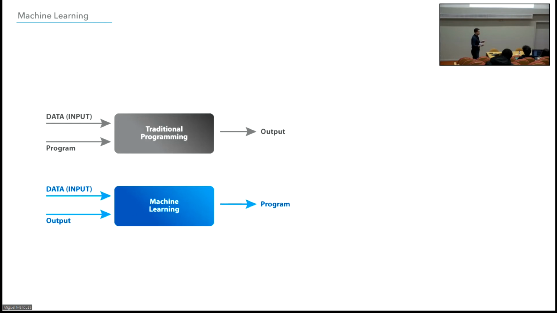Of course, this program is not written in any computer programming language. This is a mathematical model, but this program is what is going to be used so that whenever you give it a new set of inputs, it will output, hopefully, the correct output.